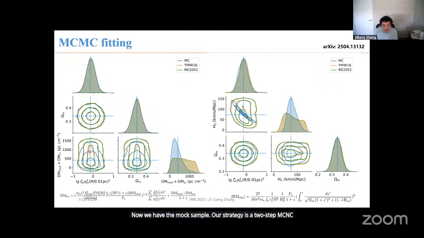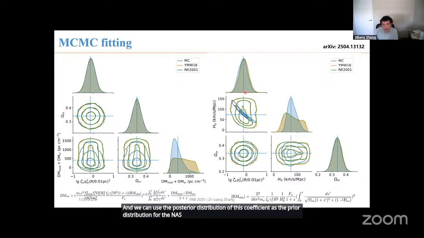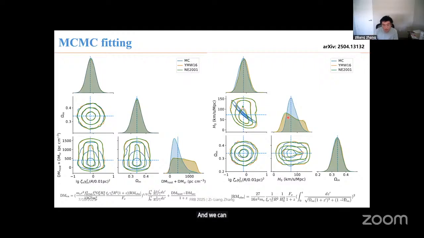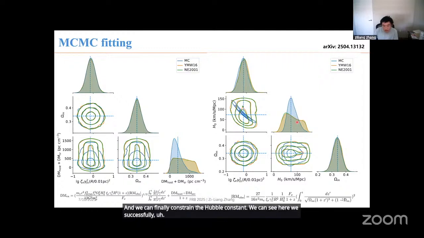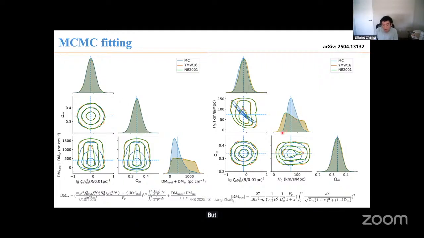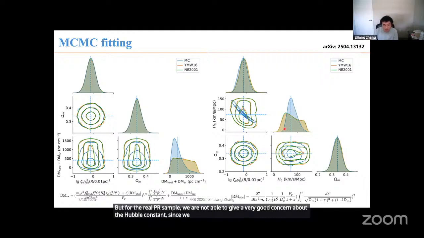In the first fitting, we can constrain the coefficients zeta, gamma squared and R squared, and we can use the posterior distribution of these coefficients as the prior distribution for the next MCMC fitting, and we can finally constrain the Hubble constant. We can see here we successfully recovered the injected Hubble constant from the Monte Carlo mock sample. But for the real PRS sample, we are not able to give a very good constraint on the Hubble constant since we only have 6 samples.